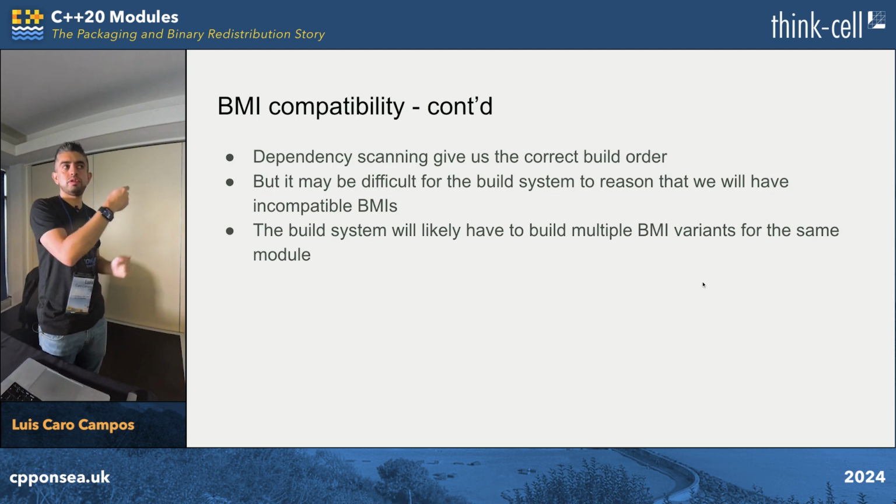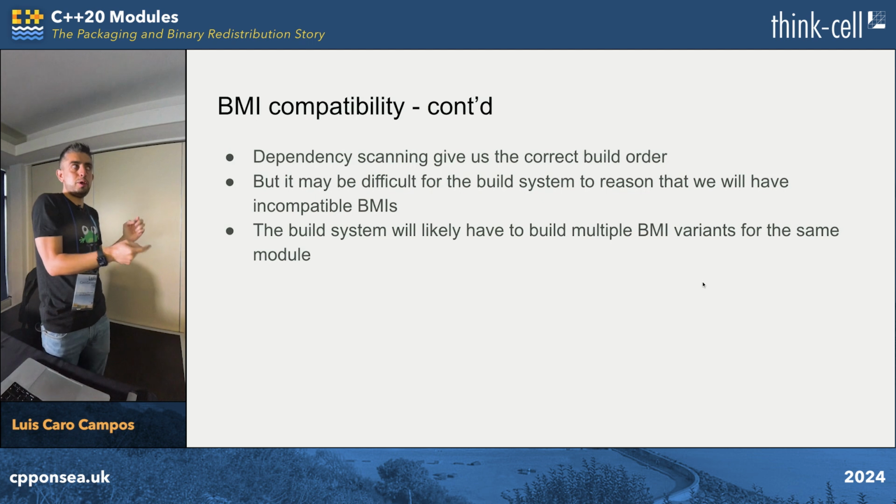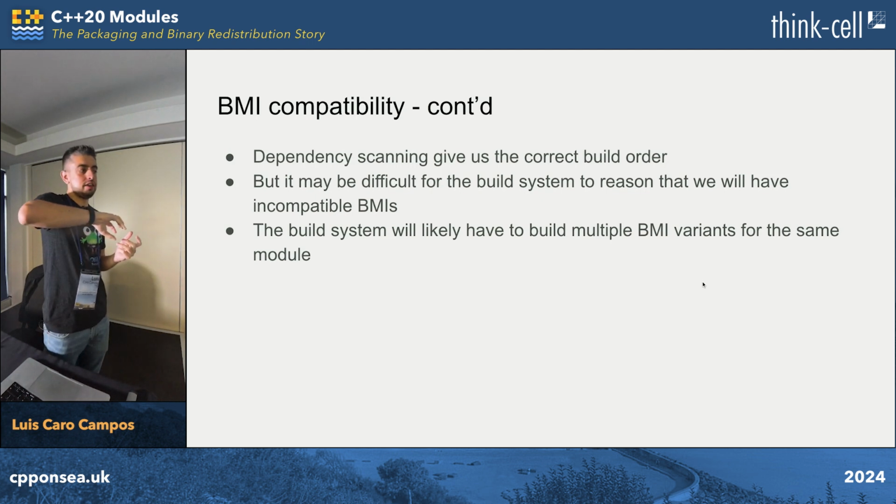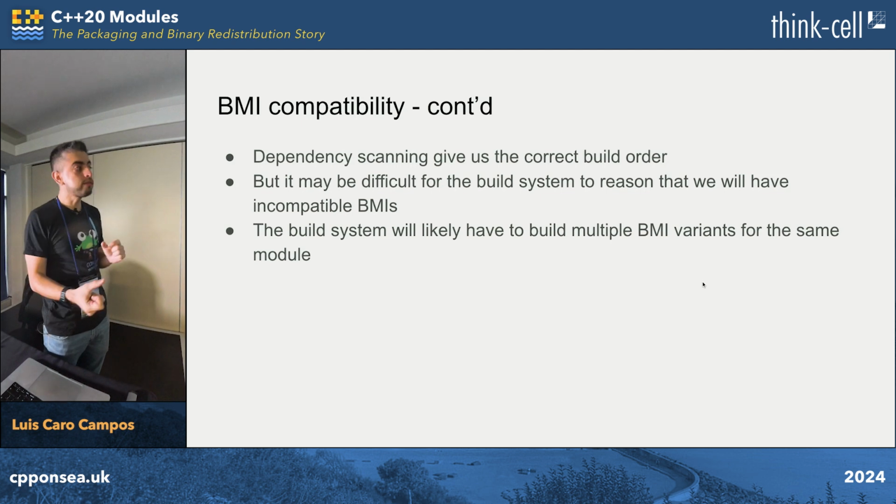Well, there's a chance that if you had different compiler flags across those files, you were doing almost the same work, but not exactly the same work. And the compile time benefits may actually be different if you have to generate different BMIs for each importer.